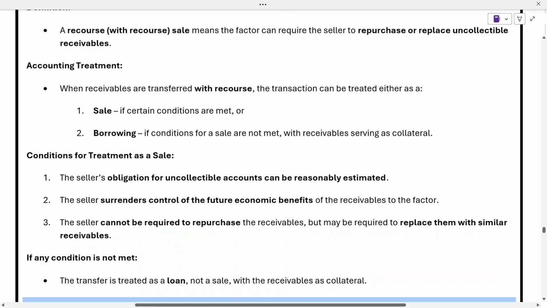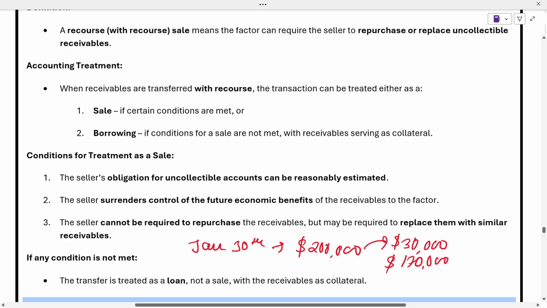Let's suppose on January 30th, the seller has receivables worth $200,000. Out of those, let's suppose $30,000 have been paid. Now they have a balance receivable of $170,000 in February.